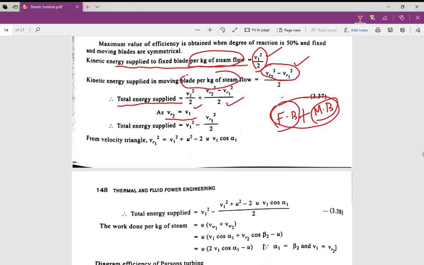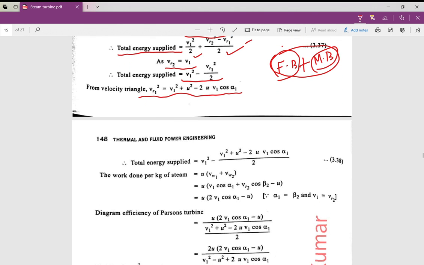So this total energy comes out like this. Right, now from same velocity triangle of reaction turbine we get this type of relation, and henceforth that equation reduces as total energy supplied like this. Right, now so this is denominator part while calculating blade efficiency of a reaction turbine.